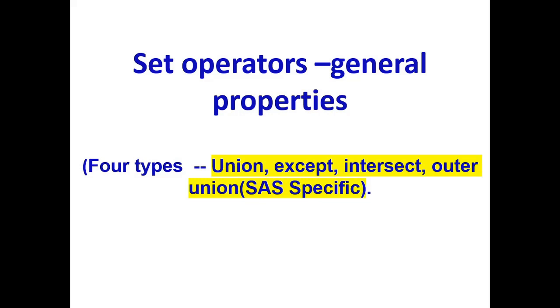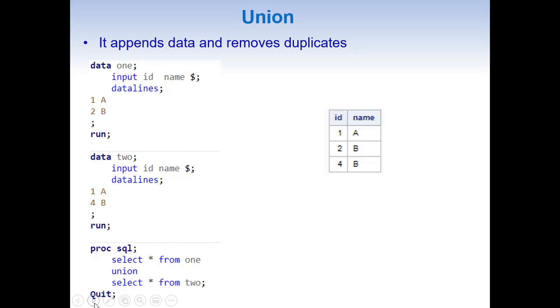In SQL, set operators are standard for any database or pretty much anywhere SQL is implemented. Outer union implementation is very SAS specific, and you don't see this kind in any other SQL implementation.